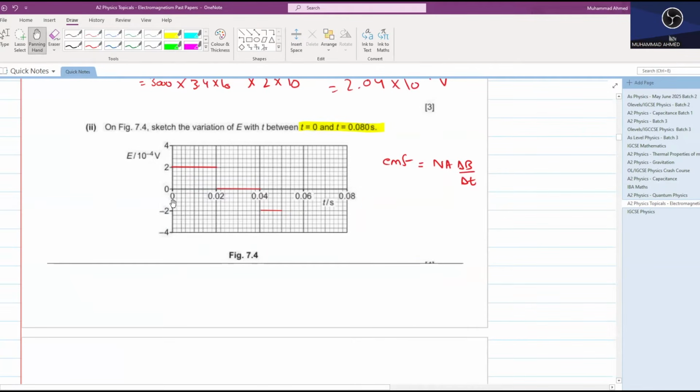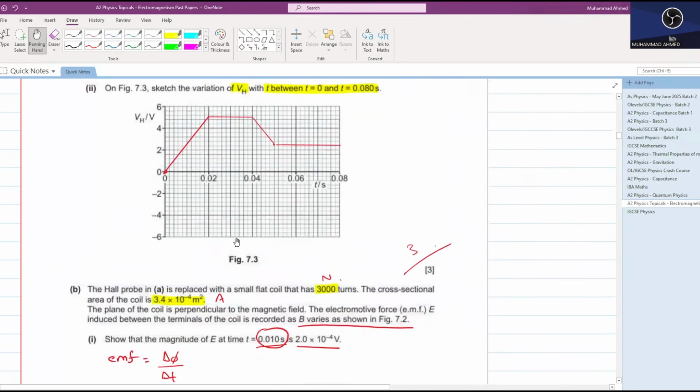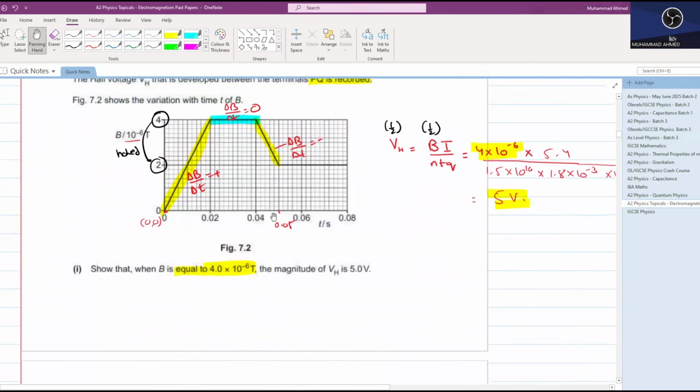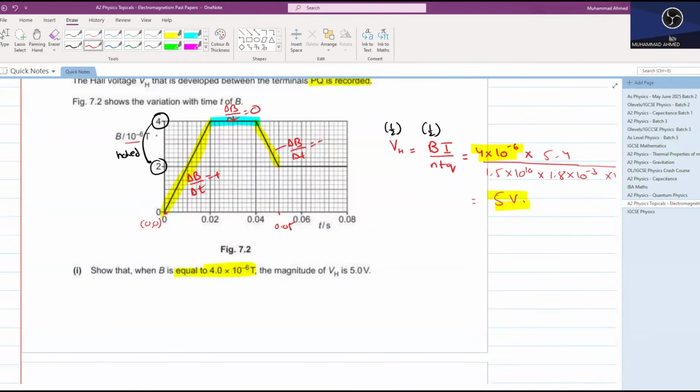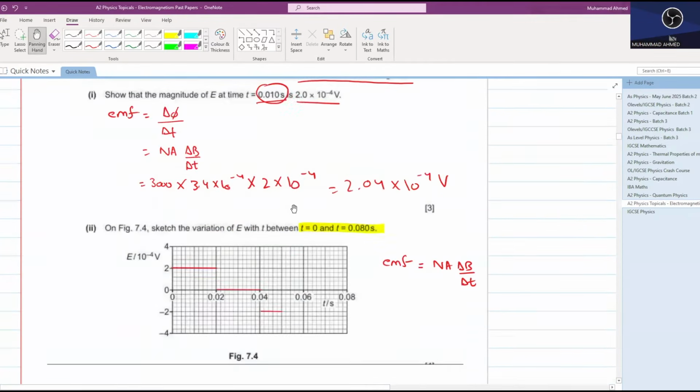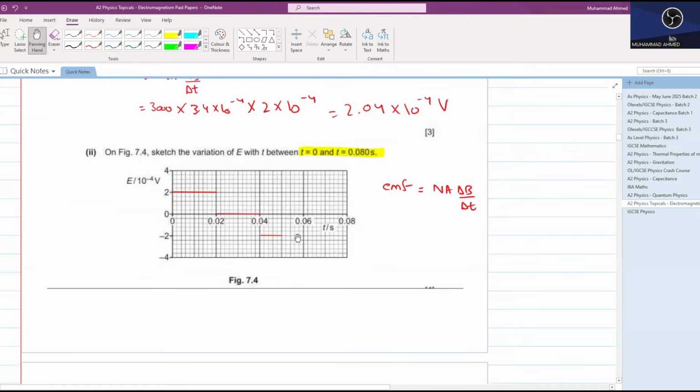Because if you see here, the gradients at line 1 and 3 are equal in magnitude, but they are opposite in signs. So that's why I took a negative 2 value here and not any other value.